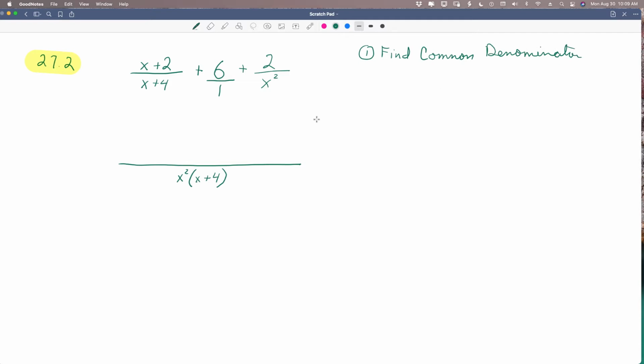Okay, that's step 1. And in this case, it's x squared times x plus 4. That's all we did. Okay. Our next step is going to be to multiply by the missing factor.